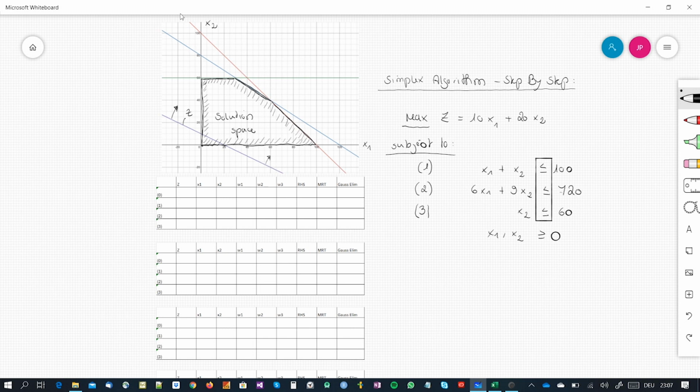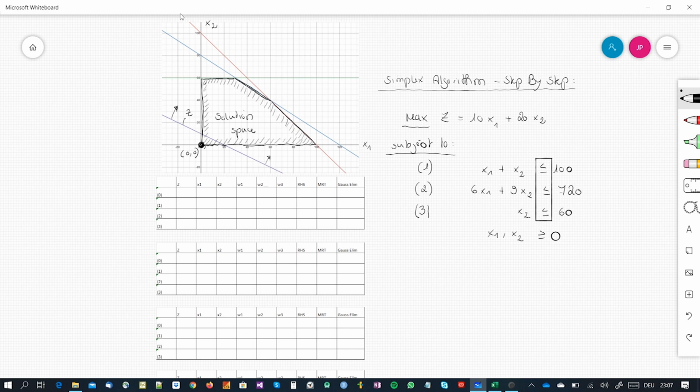The simplex algorithm works as follows. We take one initial basic feasible solution and then it goes to corner point solutions of the solution space and evaluates them. By definition, it starts always in the point where all the decision variables are set to 0. That is given in this corner point of our graphic.